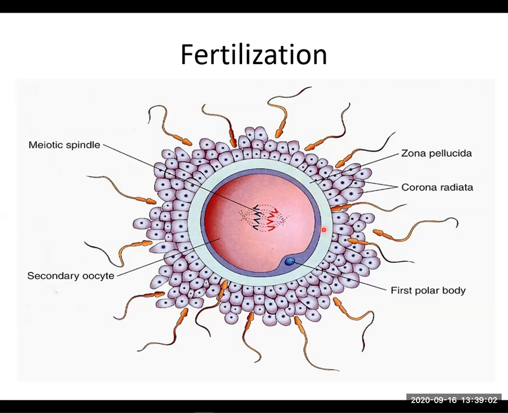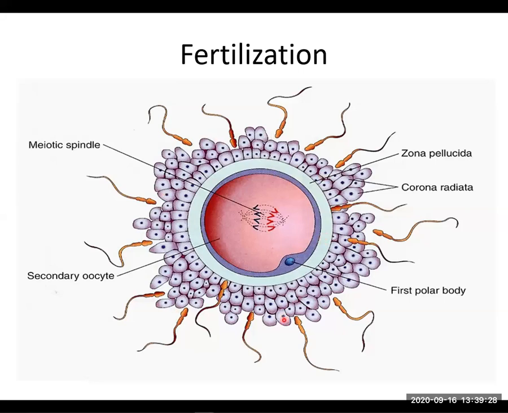And here is the layer called the zona pellucida, and here we have this sperm receptor. Once the sperm binds on it, the acrosome will release enzymes to break it.